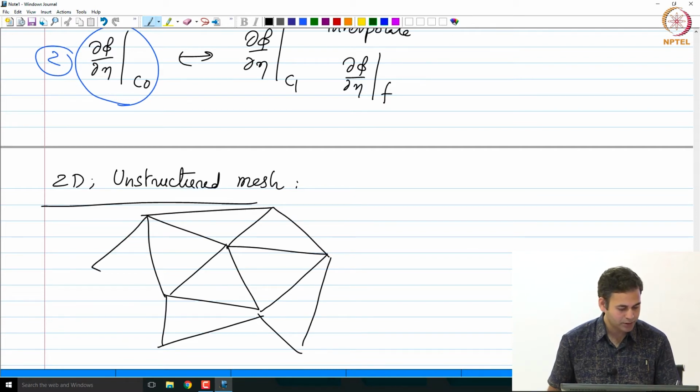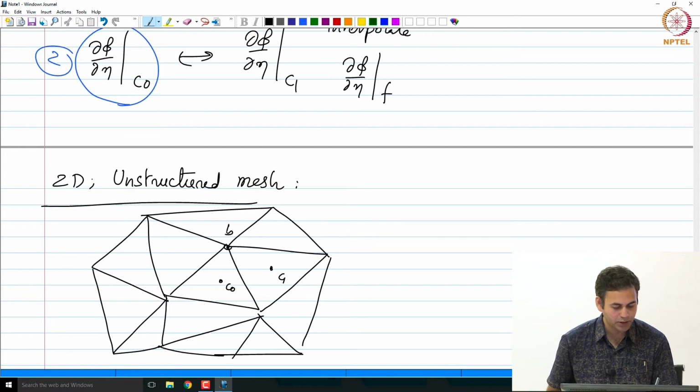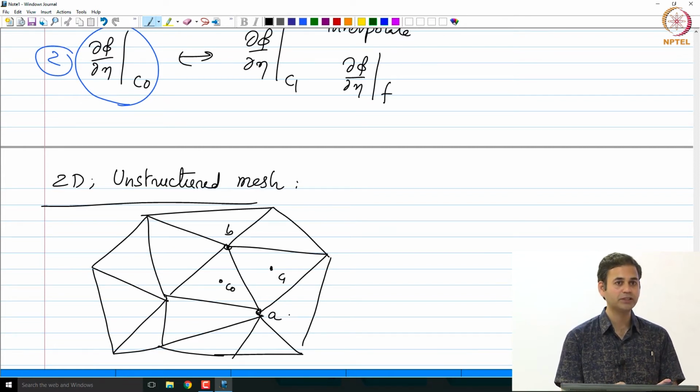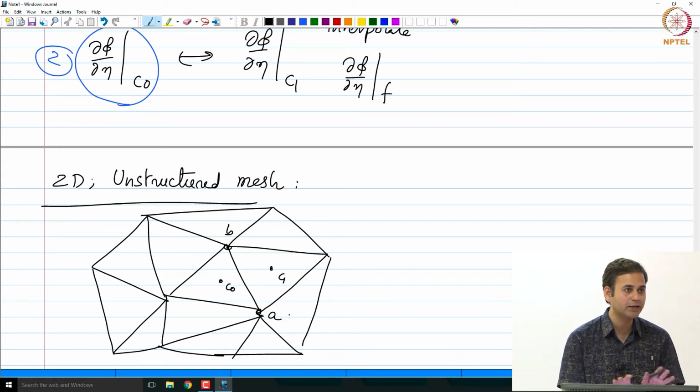So, can I do a similar strategy? So, we have C0 and C1, we call this as B, we call this as A. Of course, the interpolation method has to be now generic enough such that it can interpolate for this unstructured mesh. But somehow if let us say we know how to interpolate on this unstructured mesh, can we apply a similar strategy?